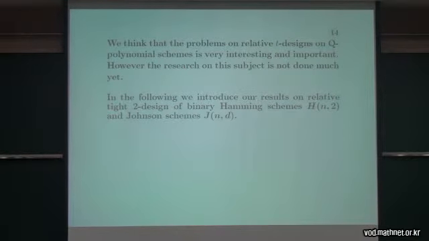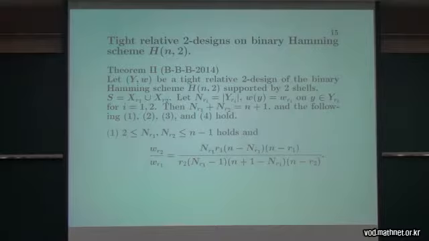So in the following, we introduce the results on relative 2-designs on the binary Hamming scheme and Johnson schemes J(n,d). For the binary Hamming case, this was published this year. Let (Y,w) be a tight relative 2-design of the binary Hamming scheme supported by 2 shells.